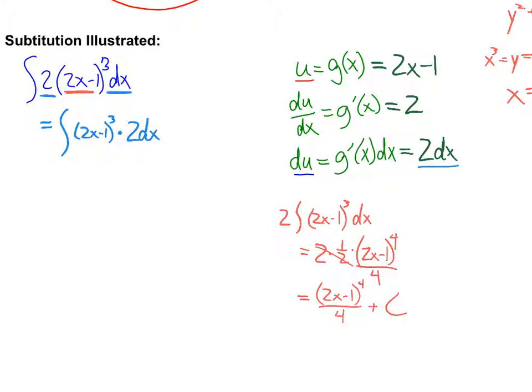And then I can see very clearly here, I have the integral of u to the third du. There's the du. I'm replacing it with just a du. Here was our u. I'm actually substituting in a u.